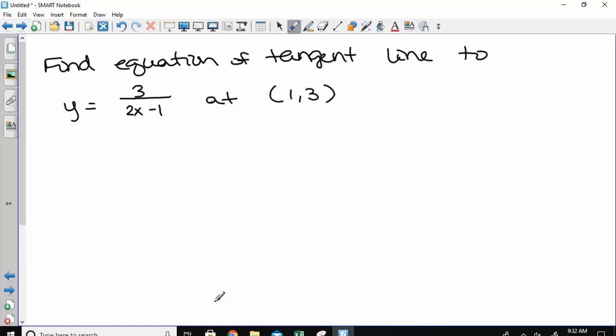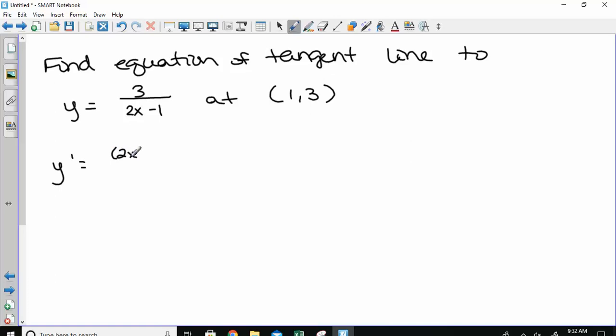What information do you need to find the equation of a line? Slope. Point and a slope. I gave you the point, we need the slope. How do we find the slope of this? Derivative. Slope of a tangent line is derivative.